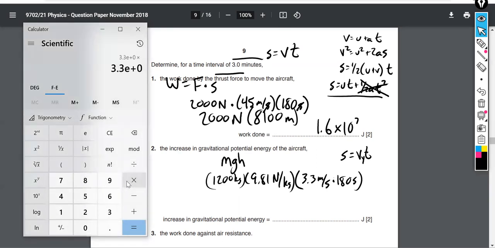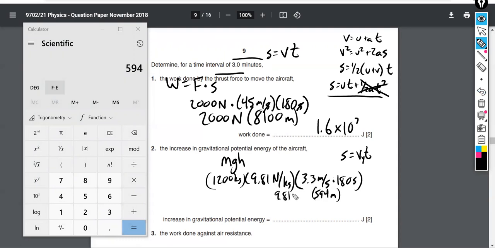What's our increase? 3.3 times 180. So we get our height, 594 meters. We're that much higher up in Earth's gravity field. We have that much more potential energy. Just based on the position of that aircraft, it's increased its potential energy by that amount.